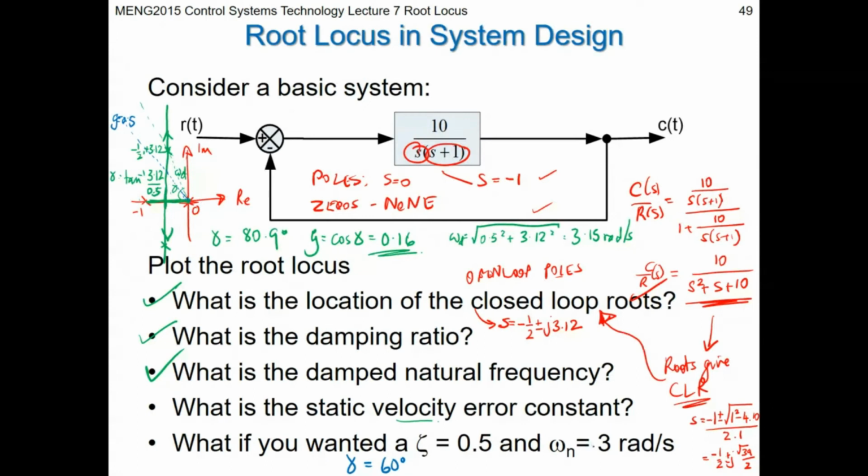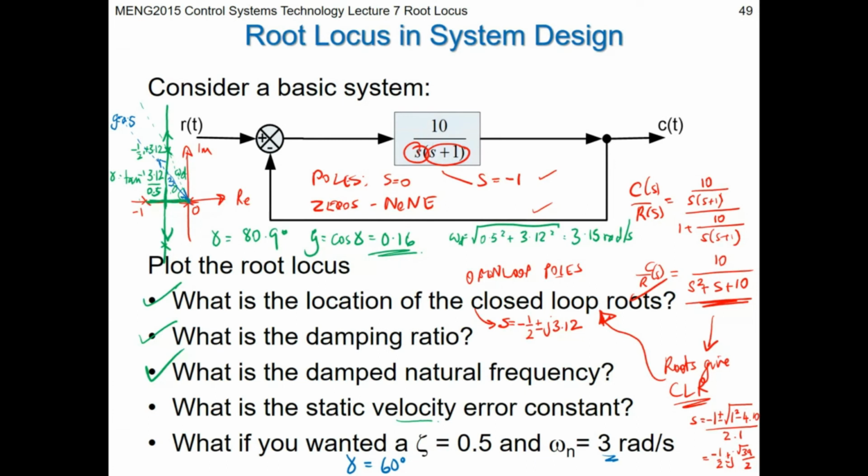Now, our damped natural frequency of 3 radians per second means that this distance here from our closed loop root has to lie on this damping line, and it has to lie 3, the value of 3, from the origin.